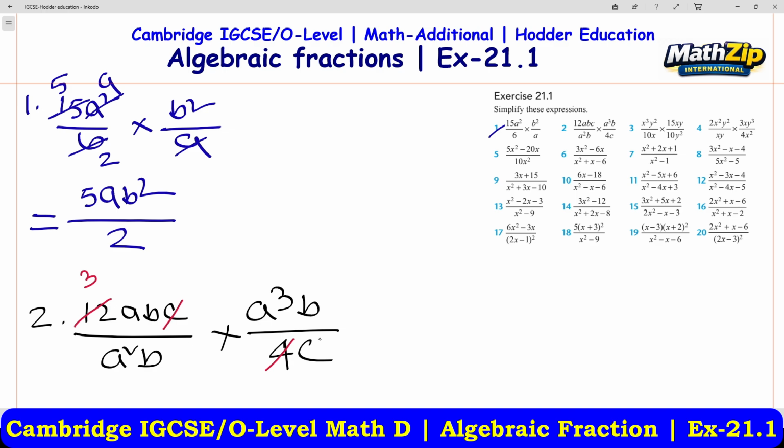This c and c divide, this b and b divide, a² ÷ a and a². Once we divide, we will get a, and a³ ÷ a, we will get a². So our answer is 3a², and here is a b. So 3a²b. Okay, number 2 done.